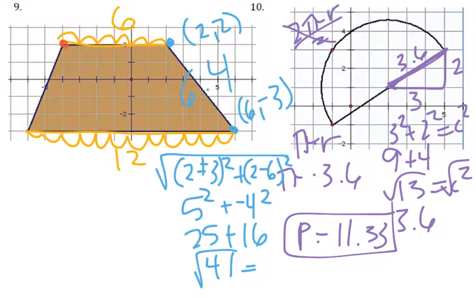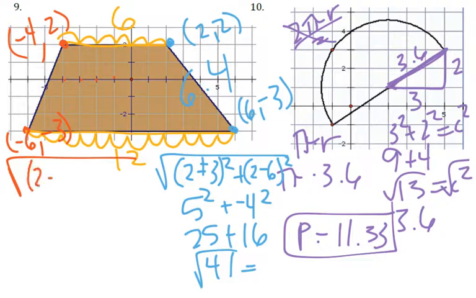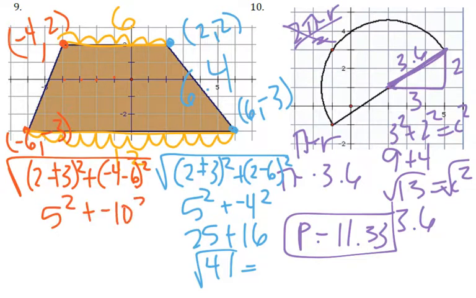Then this one, our points would be 1, 2, 3, 4, negative 4, 2, and negative 6, negative 3. Okay, so we'd go square root of 2 minus negative 3, the y is first, plus negative 4 minus 6 squared. So that would be plus 5 squared plus negative 10 squared.